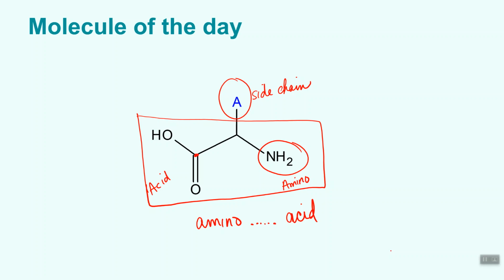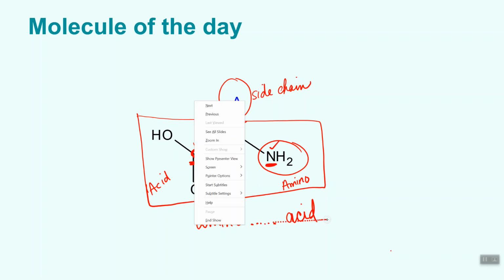In order to do that, I need to focus your attention on three atoms: this nitrogen, this carbon, and this carbon here. And so I'm going to refer to this as the NCC, for nitrogen, carbon, carbon. And an amino acid can string next to each other.